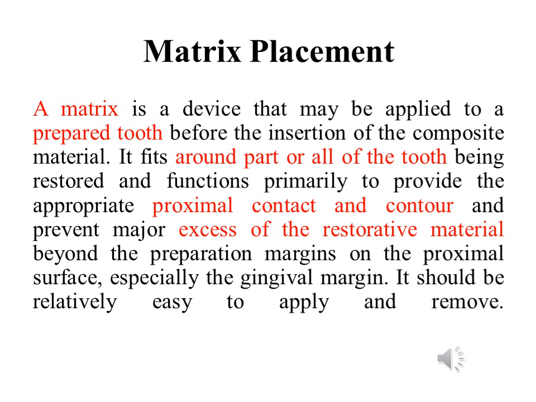It fits around part or all of the tooth being restored and functions primarily to provide appropriate proximal contact and contour and prevent major excess of the restoration material beyond the preparation margins on the proximal surface, especially in gingival margin. It should be relatively easy to apply and remove.